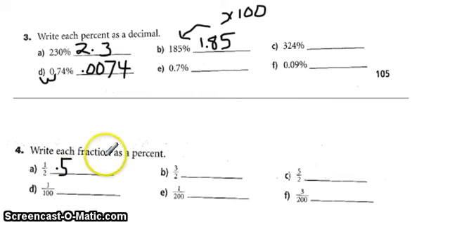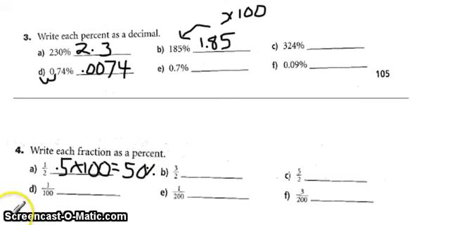And then all we do is take that 0.5 and multiply it by 100 to get from decimal to our percent. And we're going to see that 1 over 2, or a half, is equivalent to 50%. Excuse my slow writing.